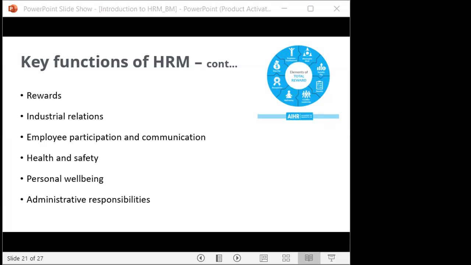Next one, employee participation and communication.